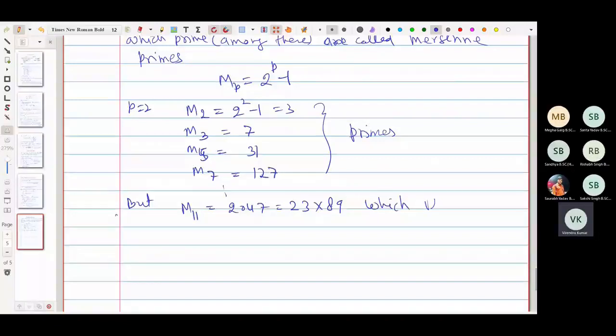In the book I'm referring to, I don't know in which year it was written, maybe 10 or 15 years back, by that time around 35 Mersenne primes were found.